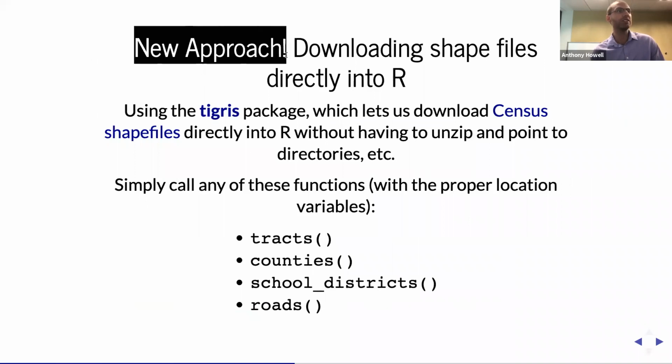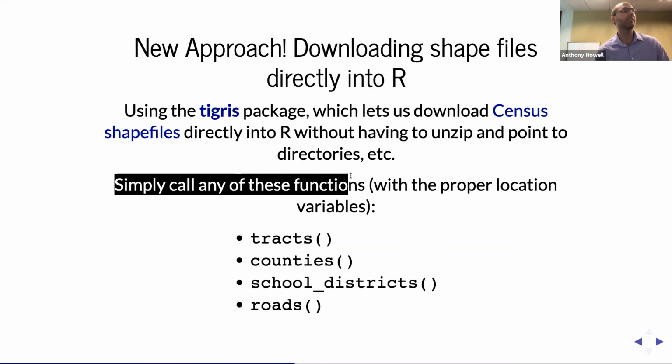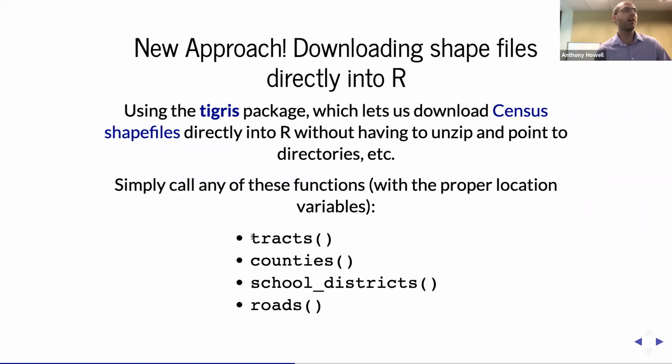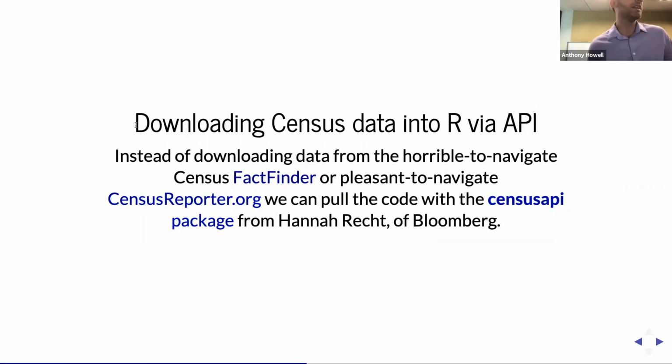We have new approaches that we're going to get into in more detail, specifically looking at the tigris package to download our shape files, and then the census package to download the economic data. There are a few functions and a couple of calls within those functions that tell R what our geographical unit of analysis is going to be, and we'll play around with some of that later.